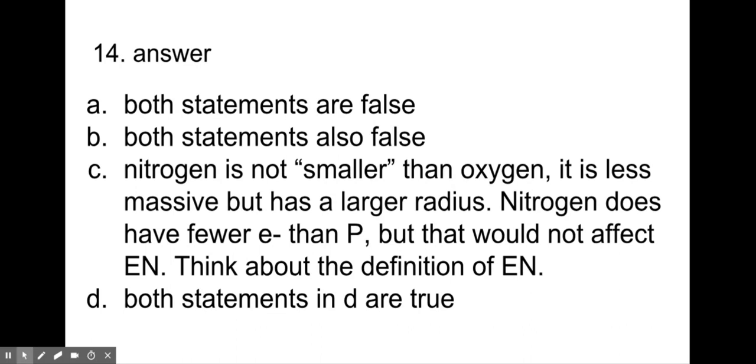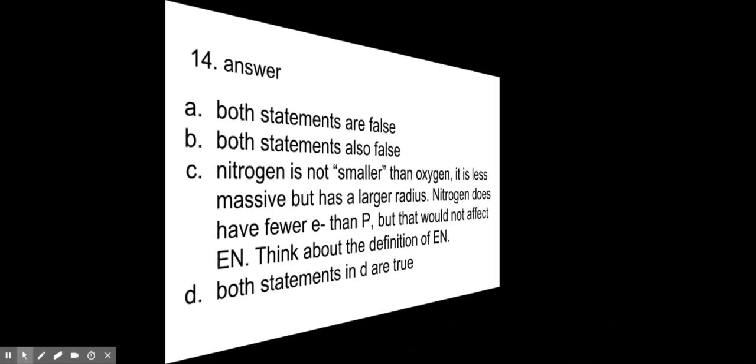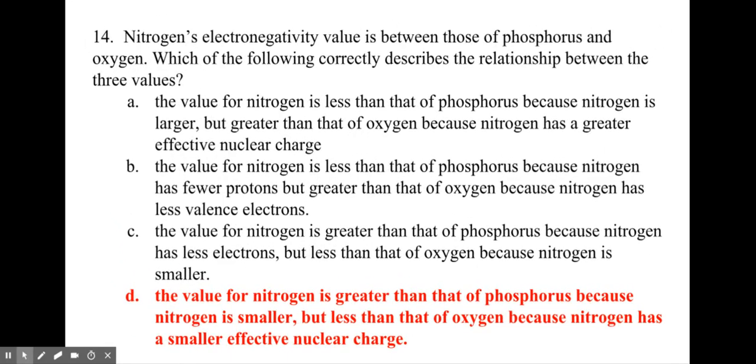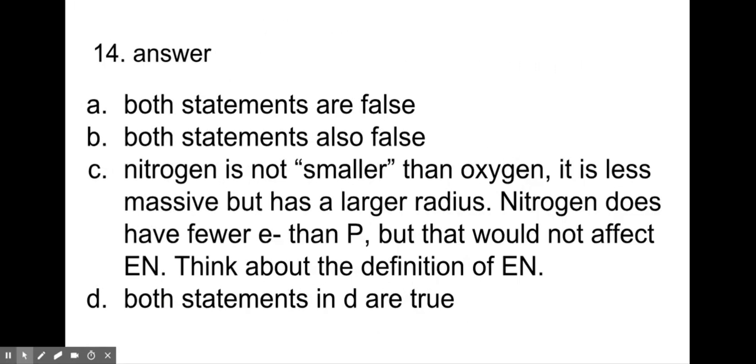So there are some things that are a little bit true in these statements, but you have to look at this statement overall and see does it make sense. So think about the definition of electronegativity in C, and you'll see that C is not the correct choice. For D, everything there is true, so that is our best choice, and that's why we chose D as the correct answer for number 14.